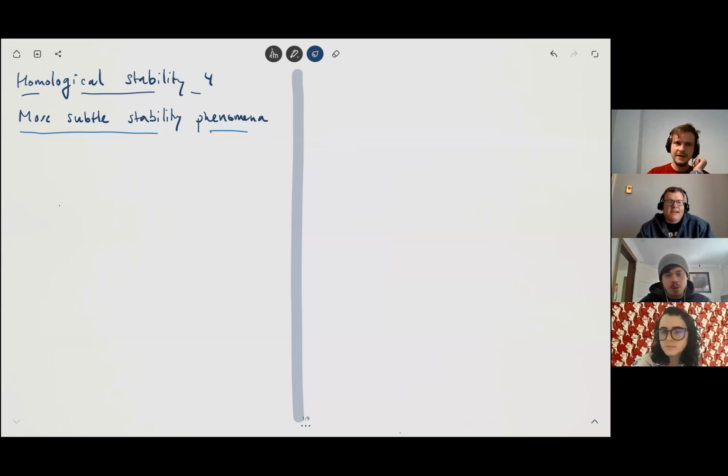So today I'm going to give a bit of an outlook on some other phenomena related to homological stability, but not equal to it. What I'll talk about in this lecture is representation stability, and higher order stability.